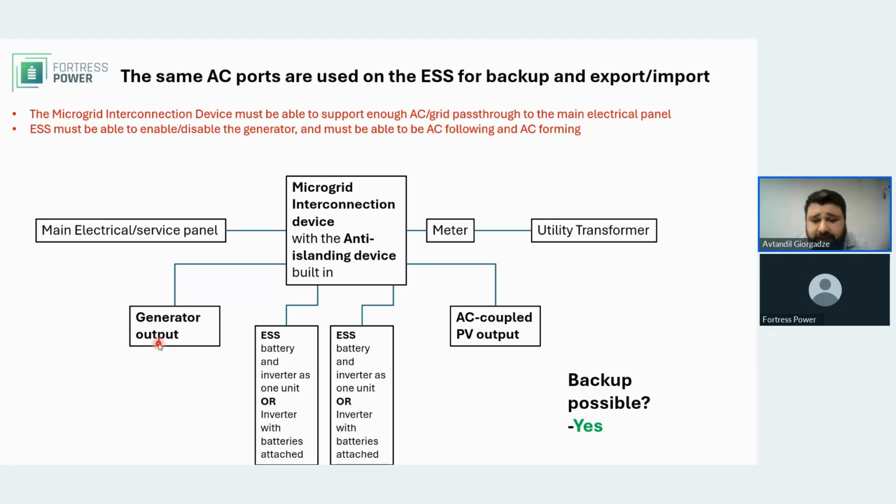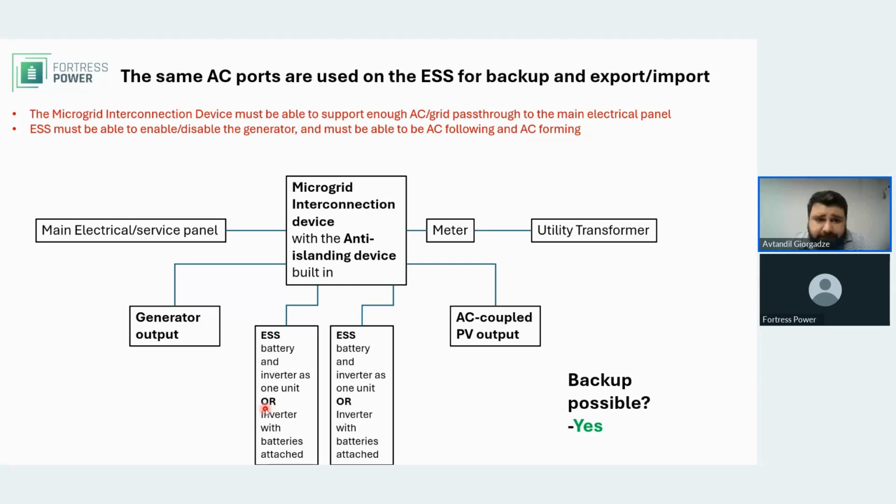That will be equipment damage. That's why we say here that ESS must be able to enable and disable the generator. Obviously, it should be able to call for the generator when it's needed, and must be able to be AC following and AC forming. So it's following when the grid is available or when the generator is available, but it must be forming when the batteries are to do the backup.